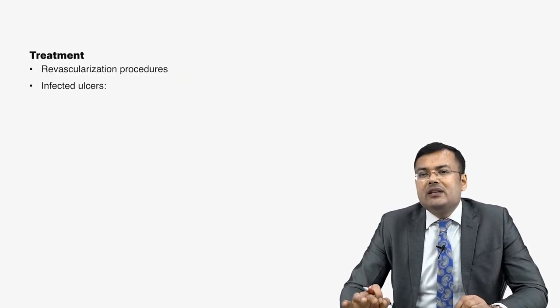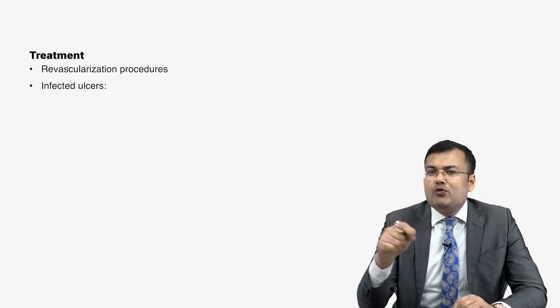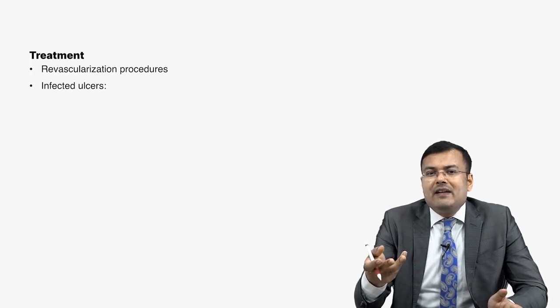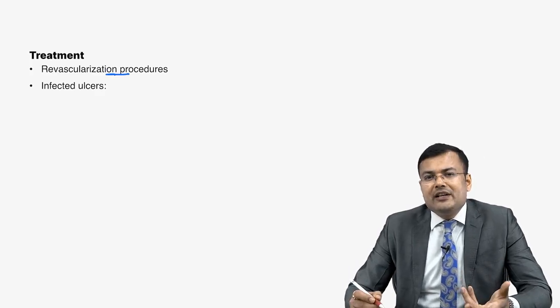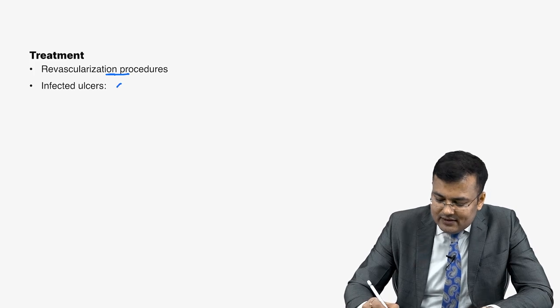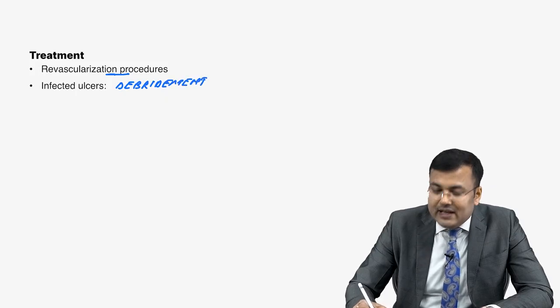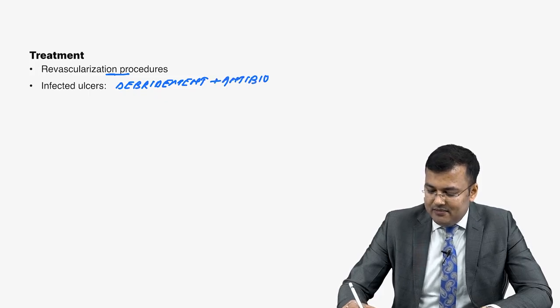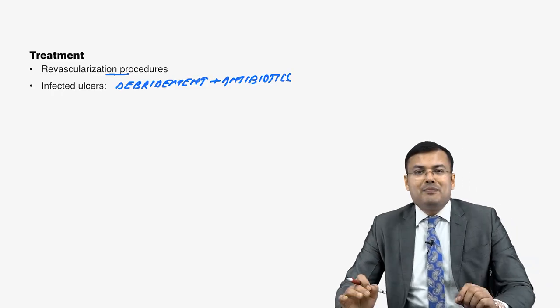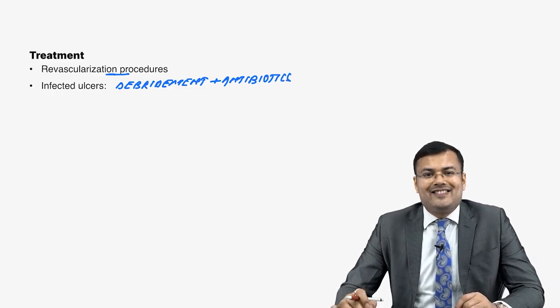Sometimes the ulcer is infected, and if it's infected, we have to go for debridement and we give antibiotics. Clear? So this is how we manage patients who have arterial ulcers.